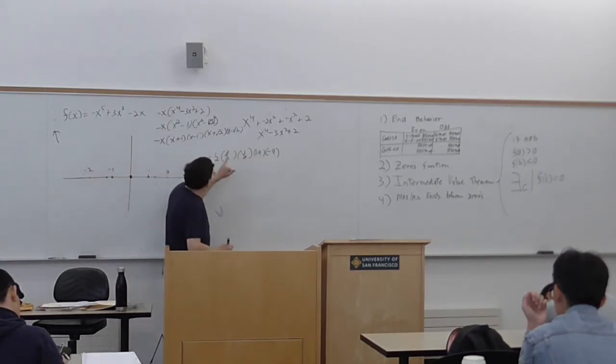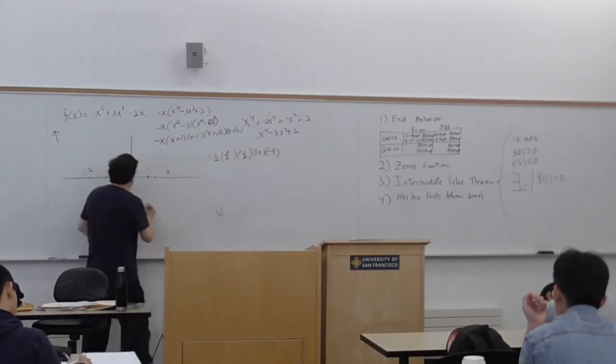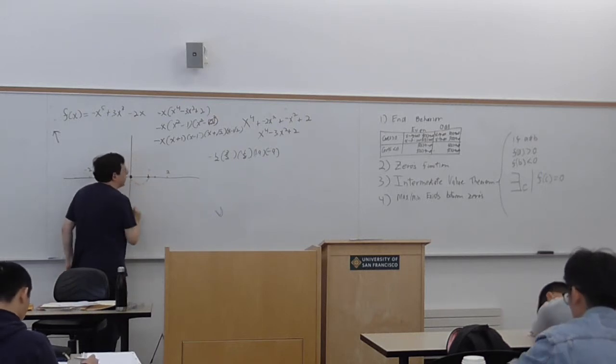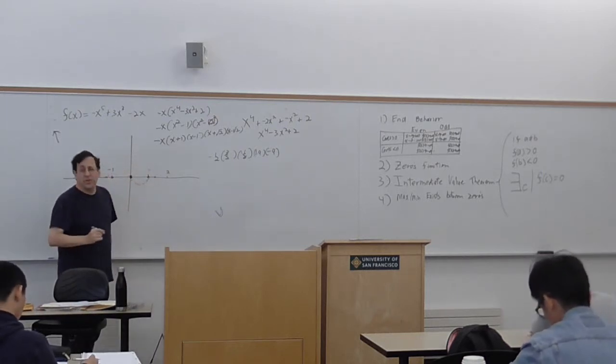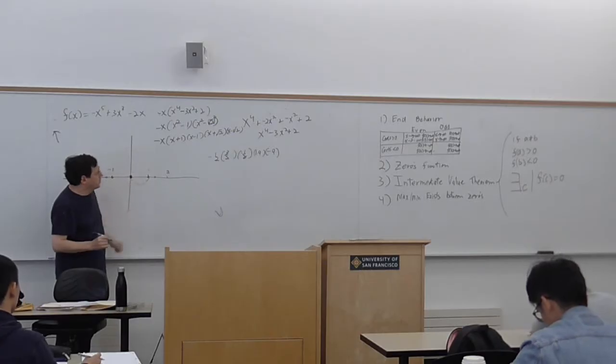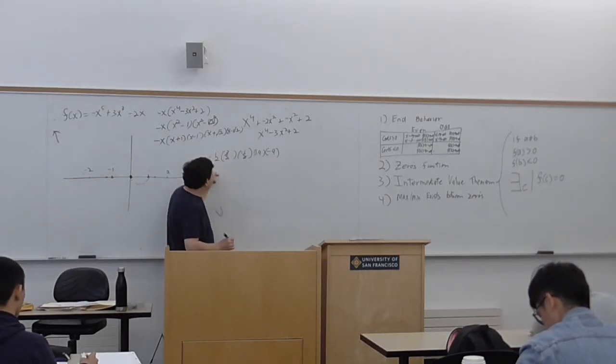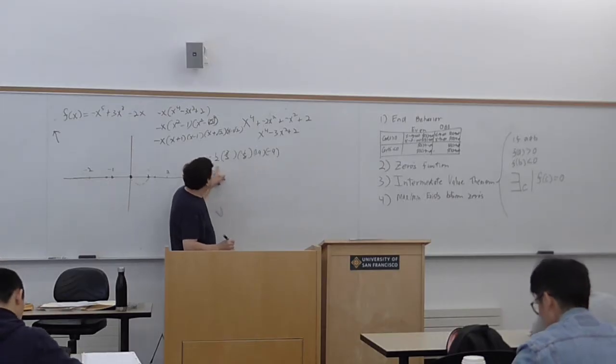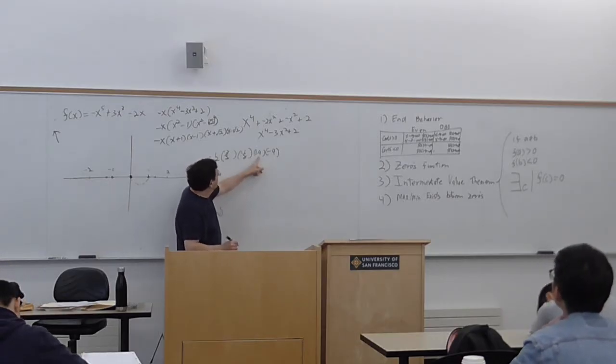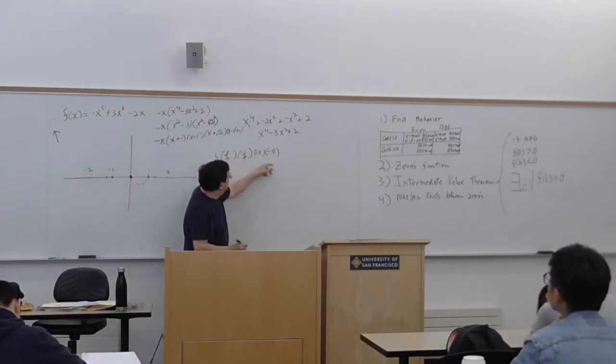Okay, so how many negative signs? 1, 2, 3. So this is going to be negative. It's going to have a local minimum here. And I probably need to multiply this out. I just need an approximation. So this is 2.